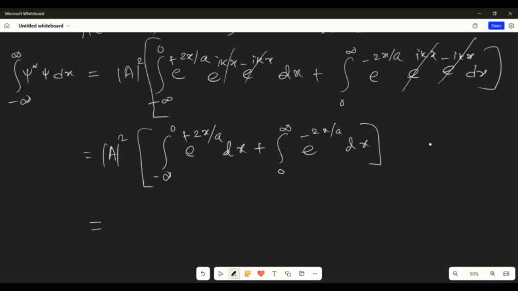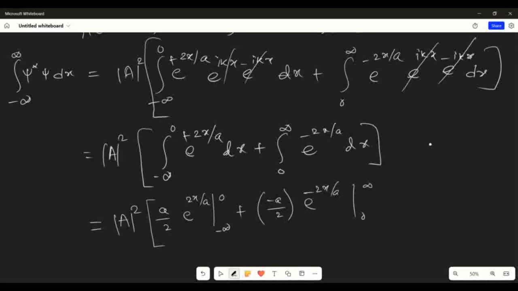So its value will be |A| squared, and the value of this integration will be a/2 times e to the power 2x/a with limits minus infinity to 0, plus minus a/2 times e to the power minus 2x/a from 0 to infinity.